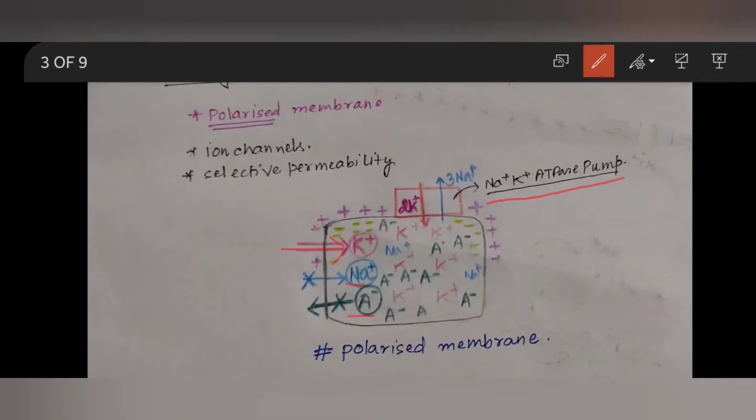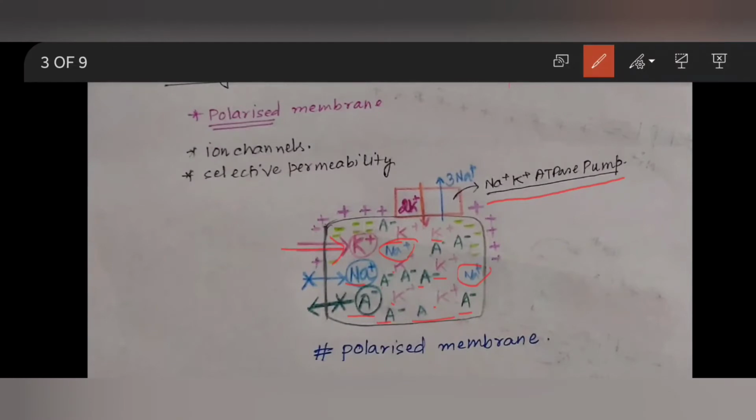All these factors result in that inside the cell there is lots of potassium ions. You see, there are lots of potassium ions, lots of negatively charged ions, but very few sodium ions.